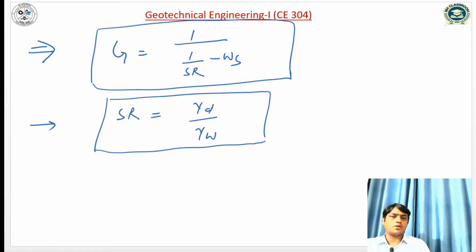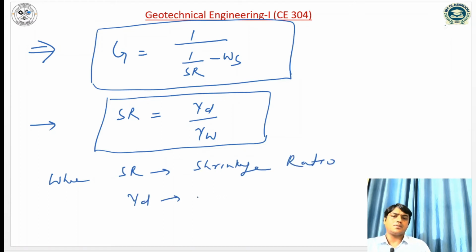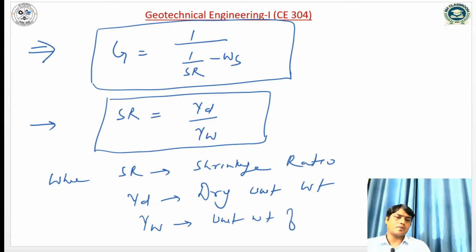So this formula you have to remember for the numerical, where SR is the shrinkage ratio, γD is the dry unit weight, and γW is the unit weight of water. So this is all about the shrinkage limit.